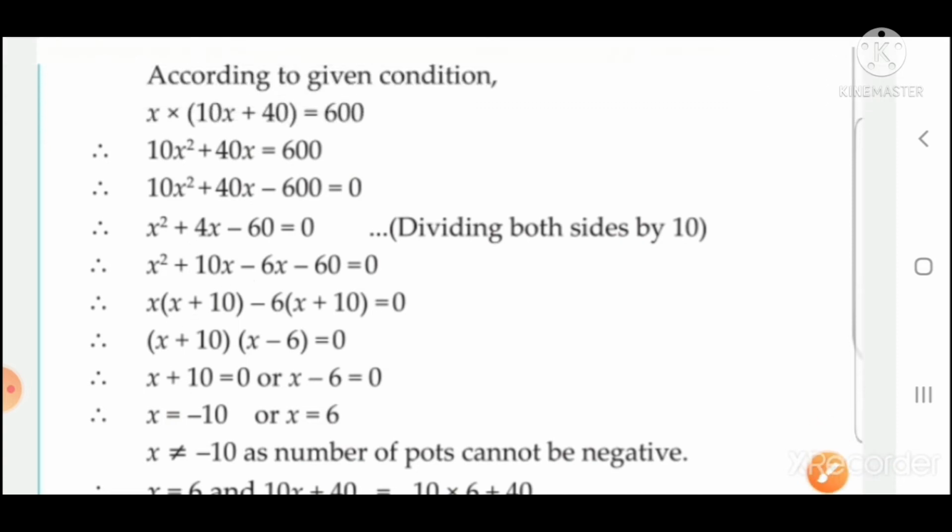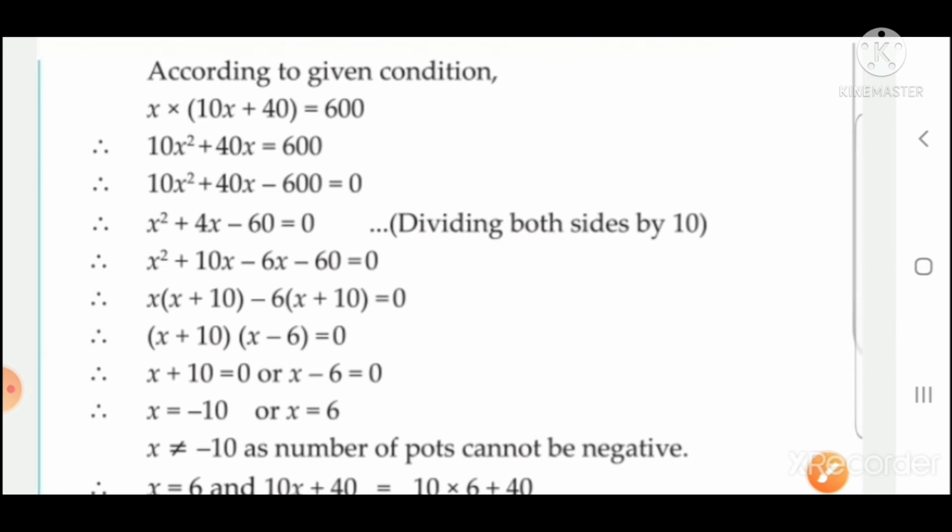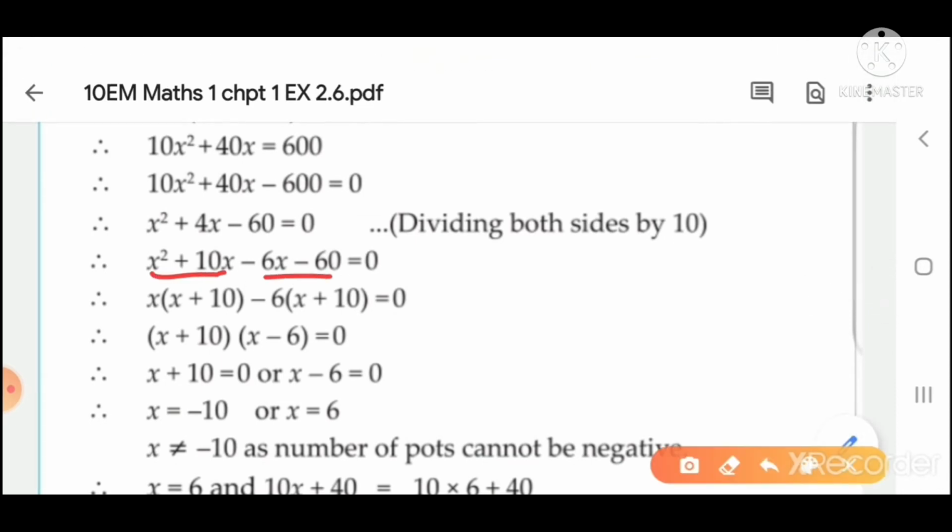Take the common factors: x is common in the first two terms, giving x into (x plus 10), and 6 is common in the last two, giving 6 into (x plus 10). So x plus 10 appears twice, and we get (x plus 10)(x minus 6) equal to 0.